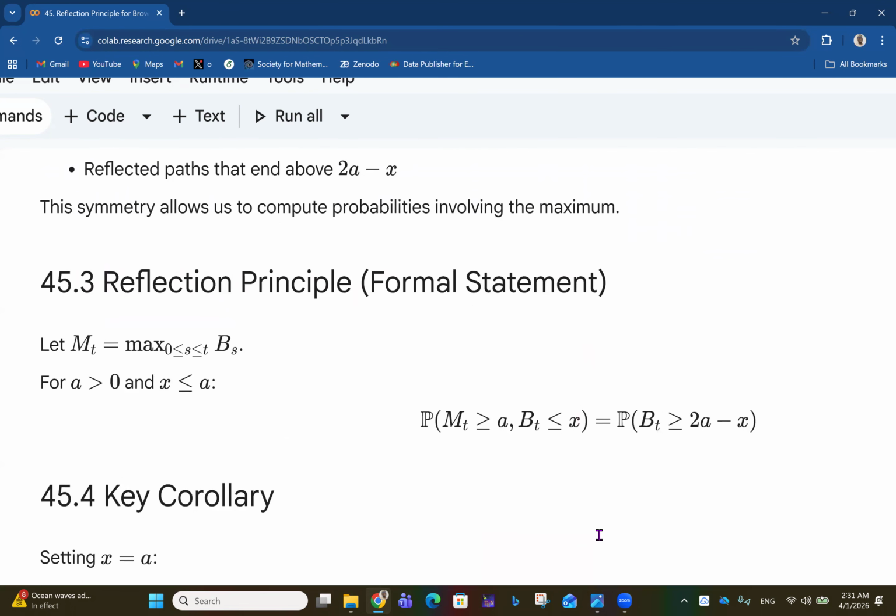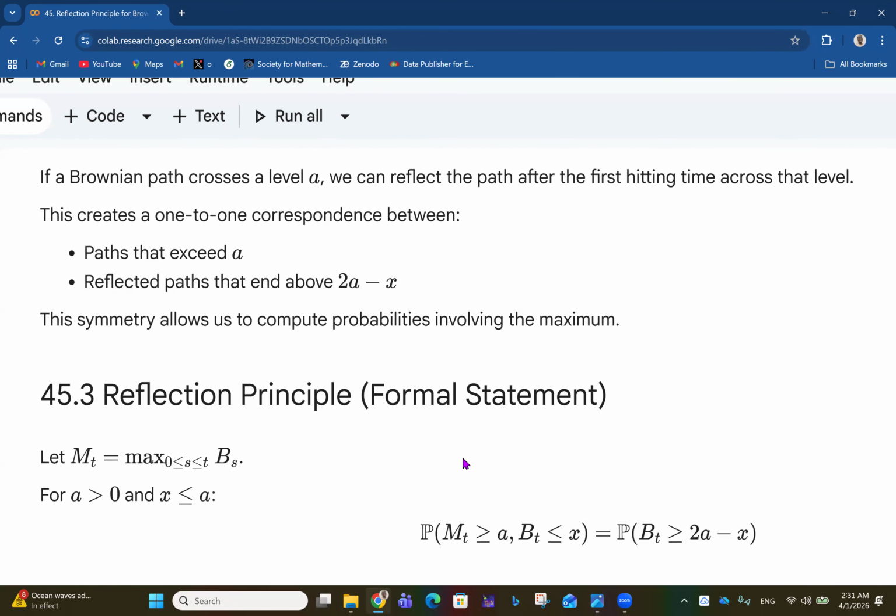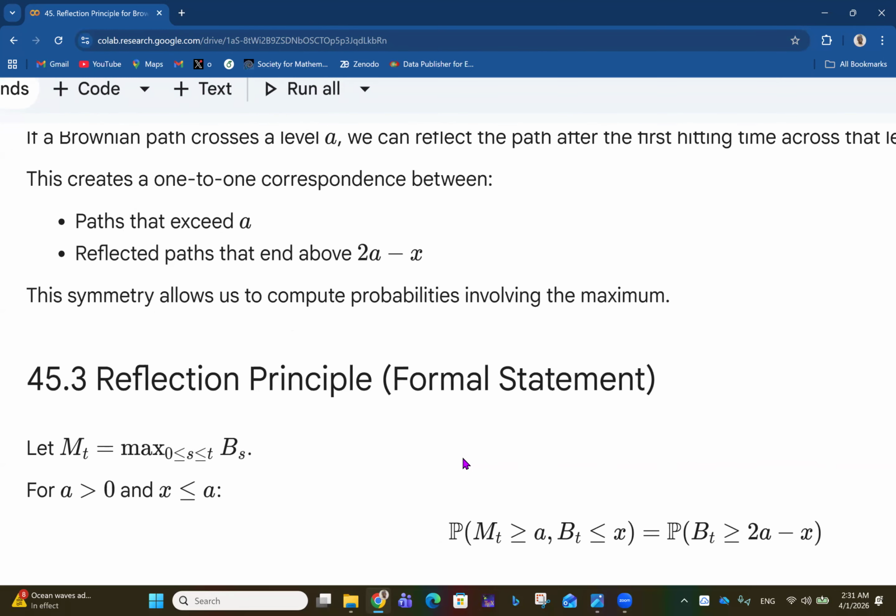Then we have, in 5.3, the reflection principle, the formal statement for that.